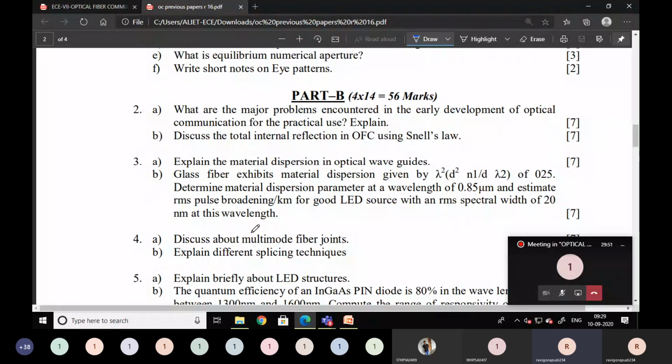Actually, out of 4, you can write 5. That is the choice. For example, for the 4th question, I am getting 13 marks, and for the extra question, whatever I write as the 5th question, I got 14. He will take the 5th question into consideration. That's why you should write a minimum of 1 question extra.